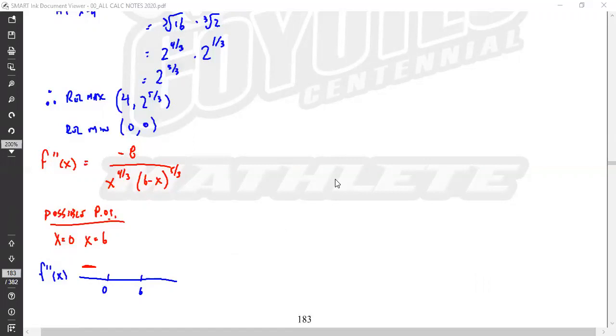Between 0 and 6, when x is 1, what do we have? We've got -8, which is always negative. 1 to the 4/3 is positive, and 6 minus 1 to the 5/3 is positive. So this zone is negative.